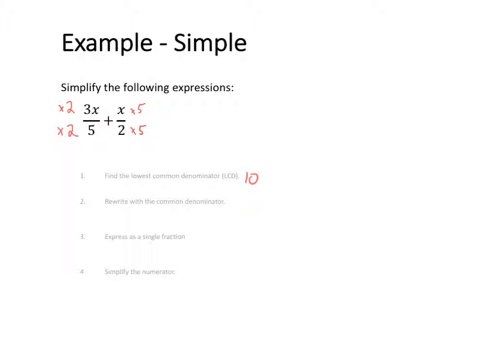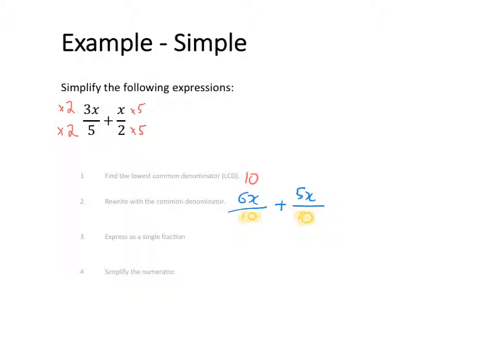So 3x times 2 is going to equal 6x, and that's going to be over 10. And then plus x times 5 is going to be 5x over 10. So now you can see that in my expression, I have got common denominators.